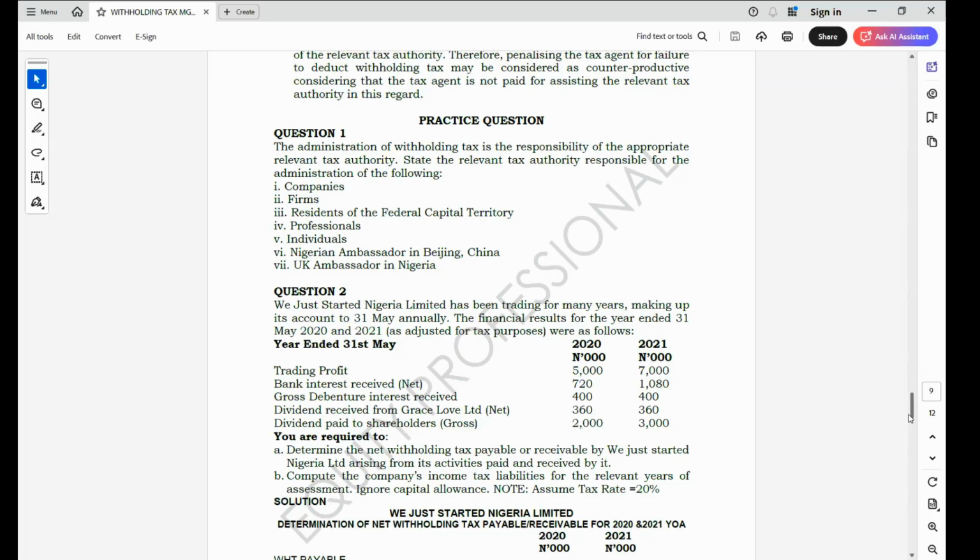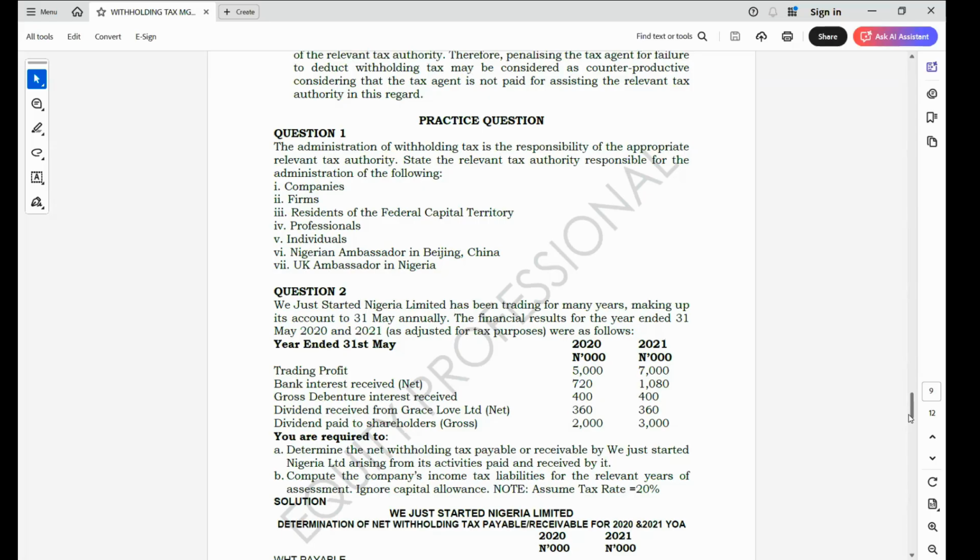Firms of partnership or firms of enterprise. So State Internal Revenue Service. Then individuals, State Internal Revenue Service.